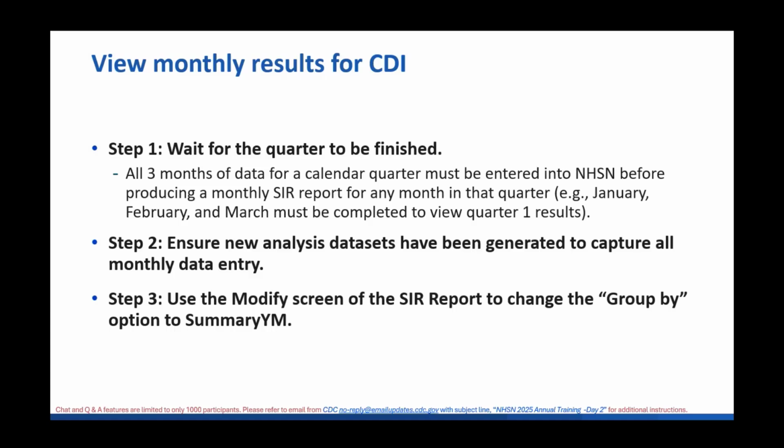All 3 months of the calendar quarter must be entered into the application before attempting to produce a monthly SIR report. The second is always a reminder: don't forget to regenerate data sets to ensure that all of the data has been captured. The third step requires a modification to the SIR report by changing the group by option to summary YM.